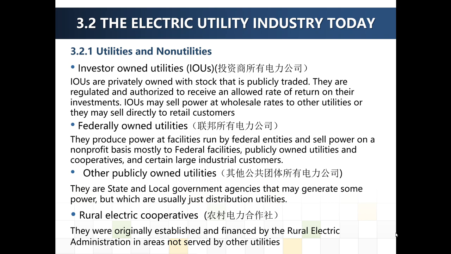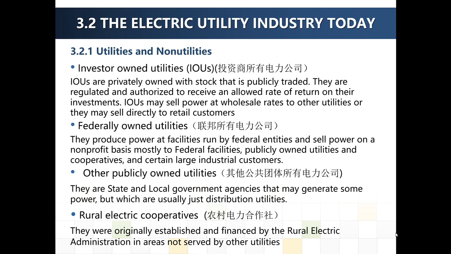Section 3.2.1, utilities and non-utilities. Entities that provide electric power can be categorized as utilities or non-utilities, depending on how their business is organized and regulated. Based on ownership, these entities can be divided into 4 categories: investor-owned utilities, federally owned utilities, other publicly owned utilities, and rural electric cooperatives.